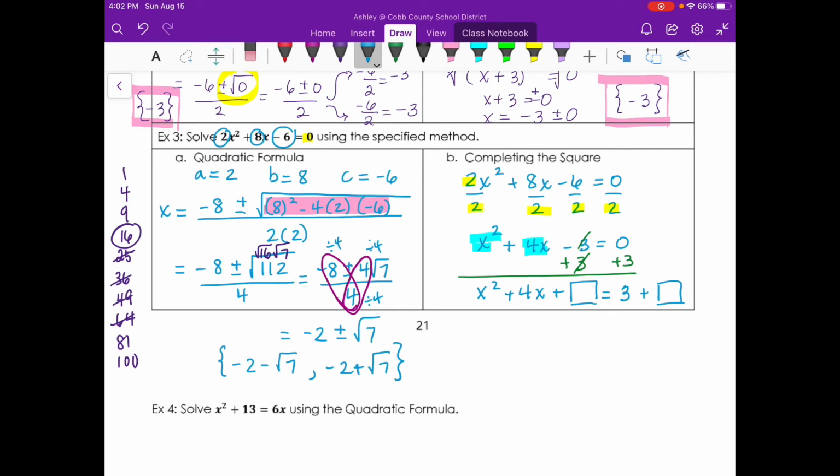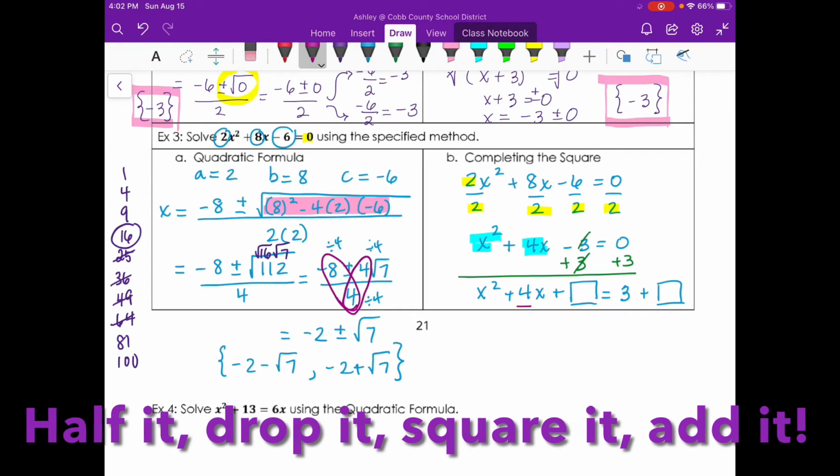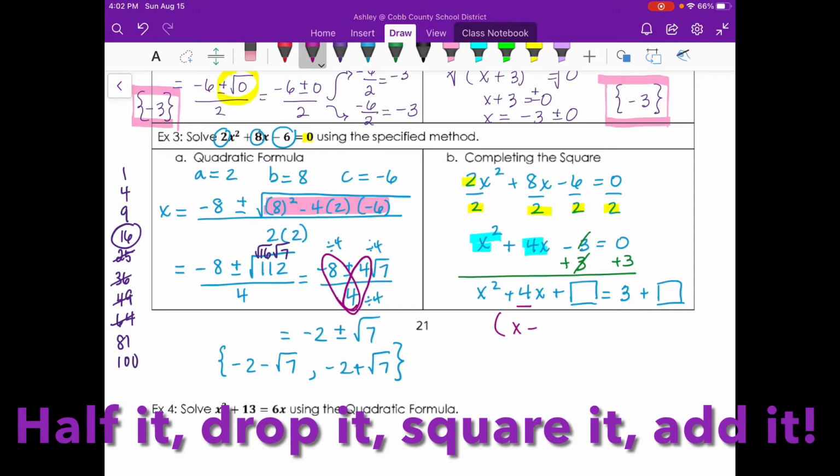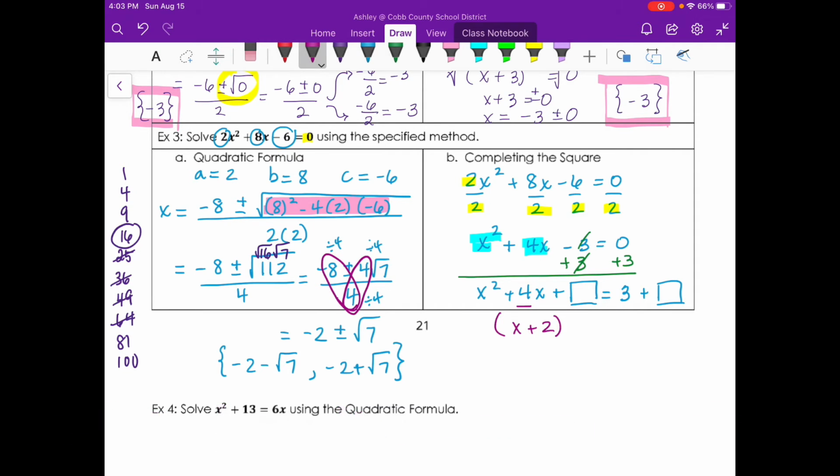So this is where we will complete the square by making a perfect square trinomial out of x squared plus 4x plus c, whatever that c might be. And we learned a quick shortcut for that, which is half it, drop it, square it, add it. So we're going to take half of the 4, which is 2. We're going to go ahead and drop it into our parentheses to create that binomial squared factor.